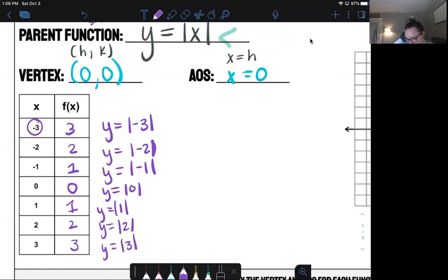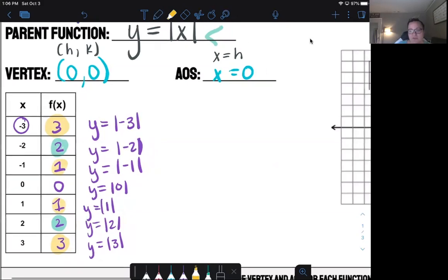Hey, do you notice anything about these two values? What about these two values? And these two values? They're the same. I wonder if that's going to show up on the graph as a reflection. We'll see what happens. So let's graph those points.